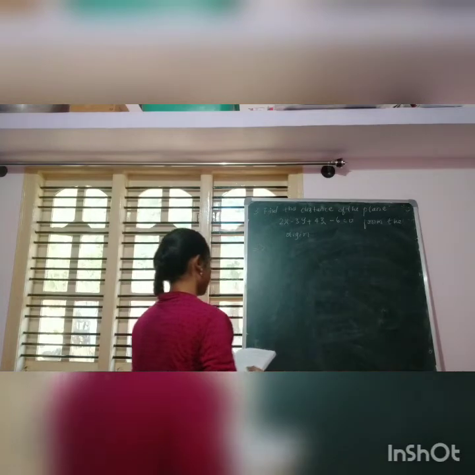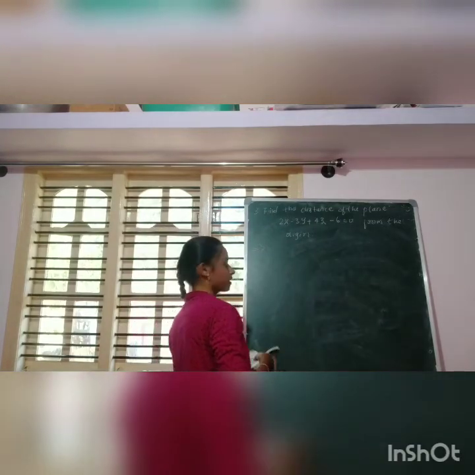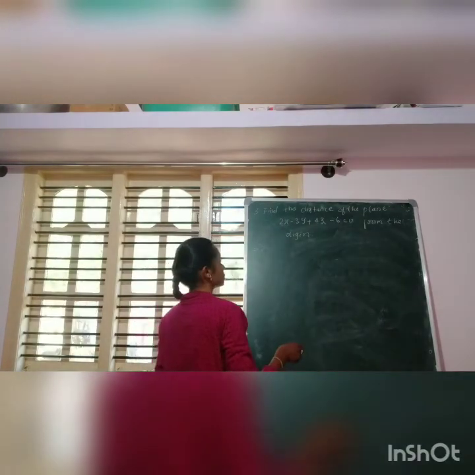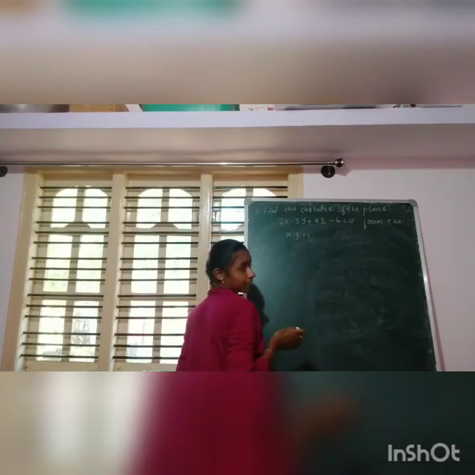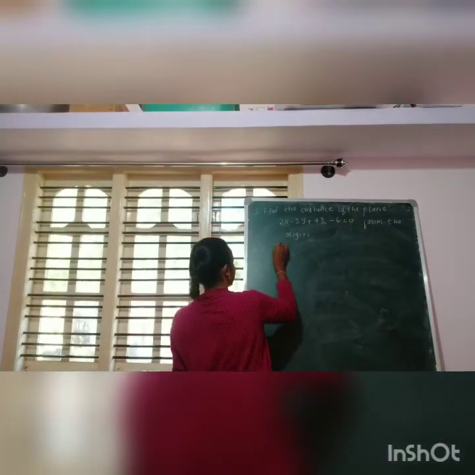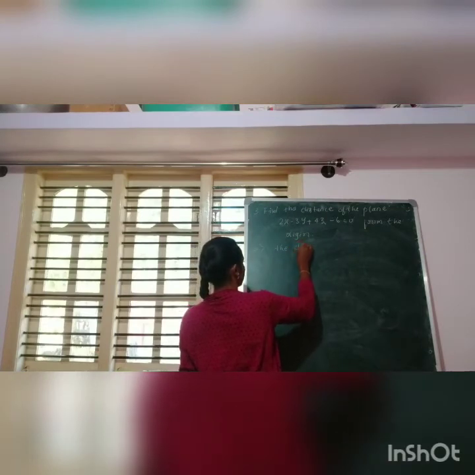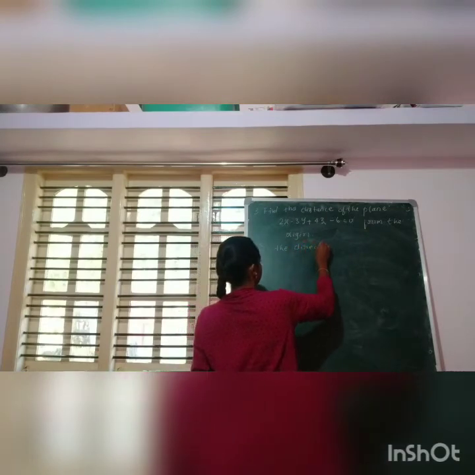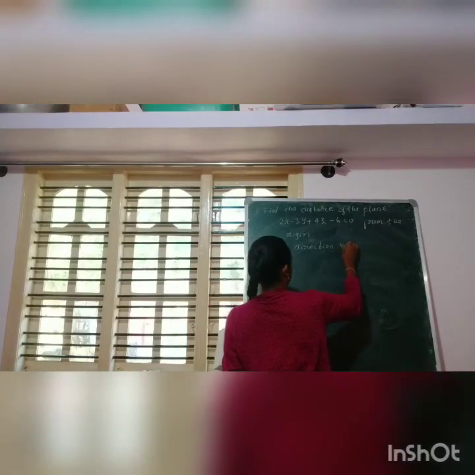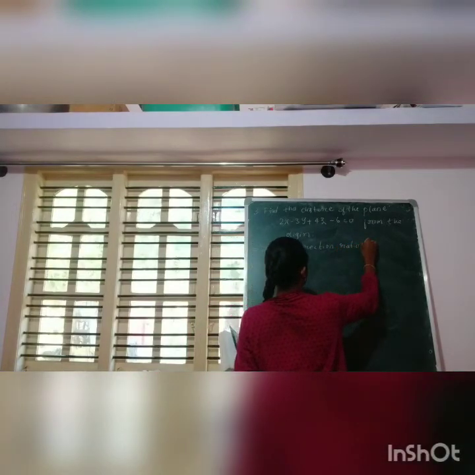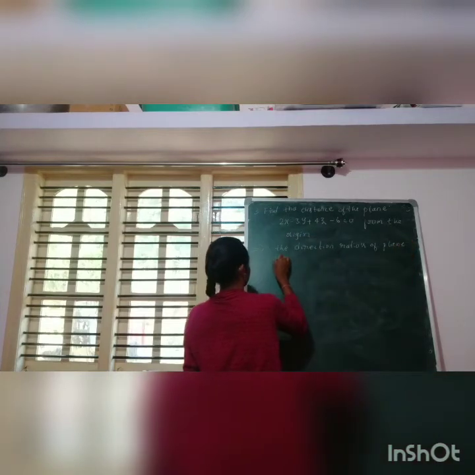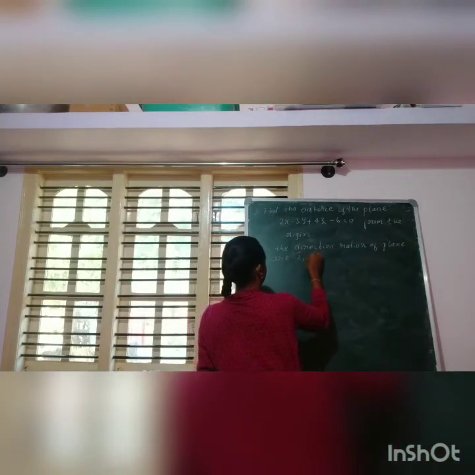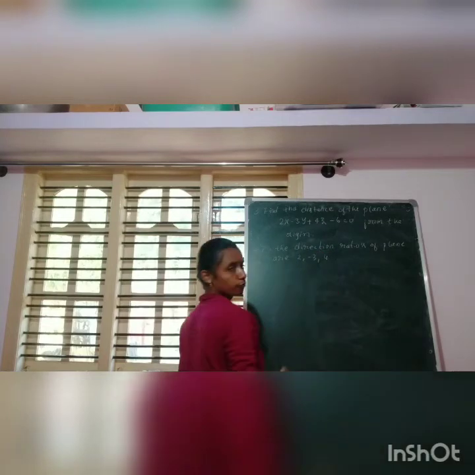You can consider the direction ratios of a normal to the plane. Direction ratios are nothing but the coefficients of x, y, z in the equation of a plane. That is, the direction ratios of the plane are 2, minus 3 and 4.